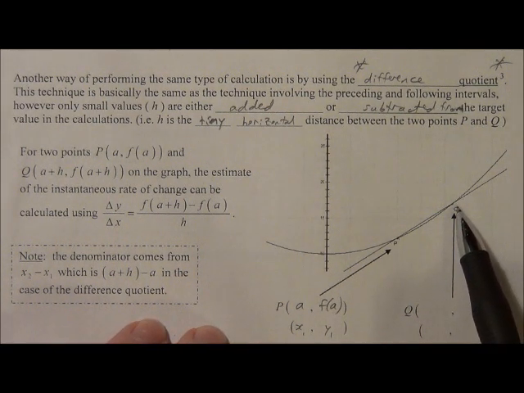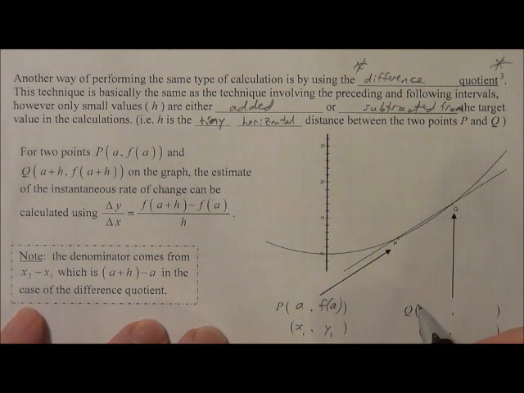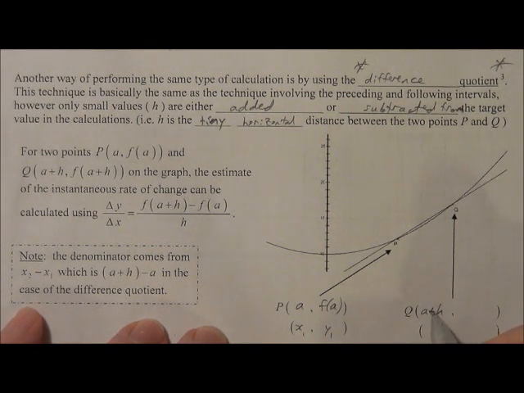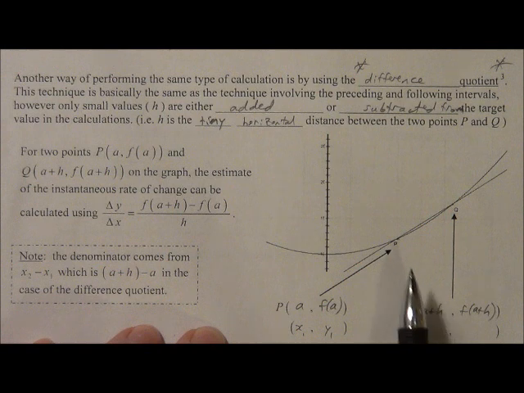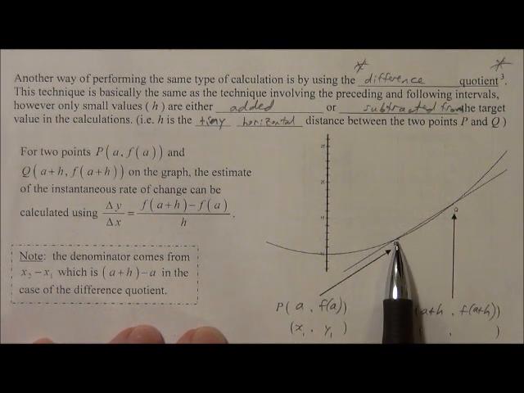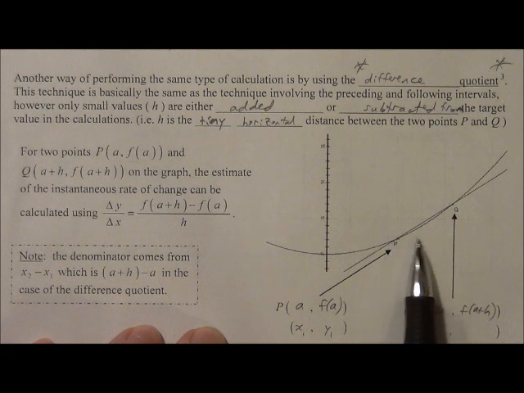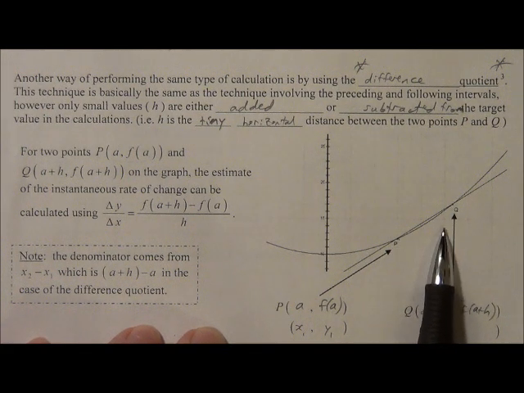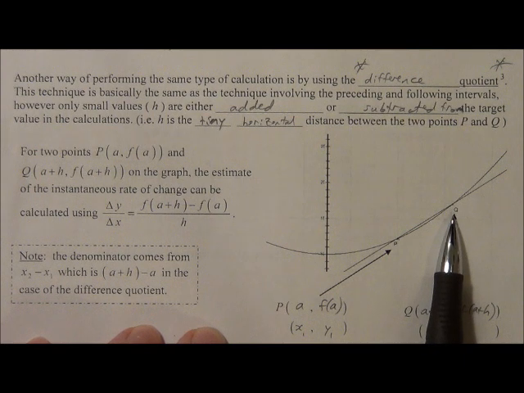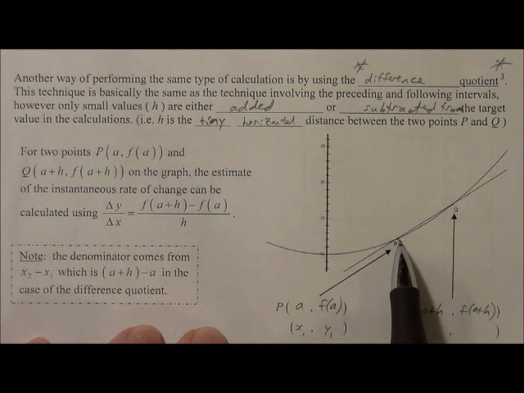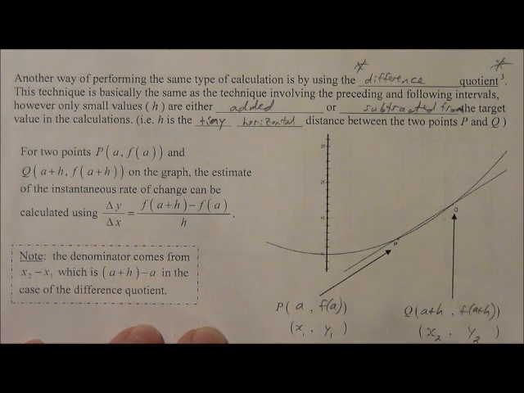And then point Q is what we're going to say is A plus H, and f of A plus H. So it's that specific x value plus a tiny amount, either above or below, either to the right or to the left of that point P. Okay, so in this case, just for the diagram purposes, the point Q is going to be to the right of P. So in this case, we'll be adding a tiny value of H here. And of course, this is then x2 and y2.